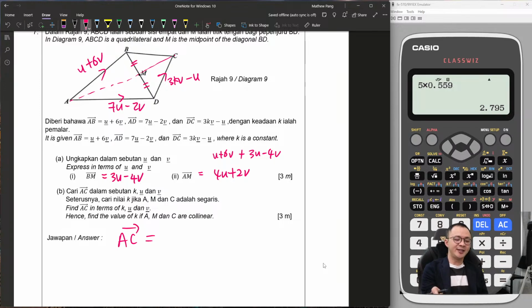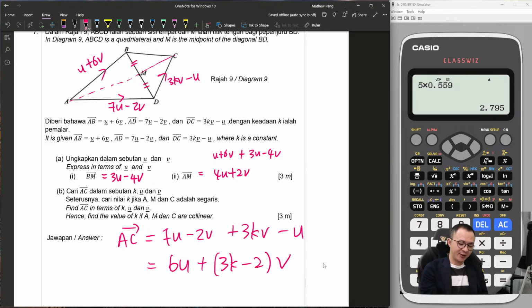So I say AD plus DC. Okay, so 7U minus 2V plus 3KV minus U. Okay, factorize, this is 6U plus V times 3K minus 2. Okay, this is AC.